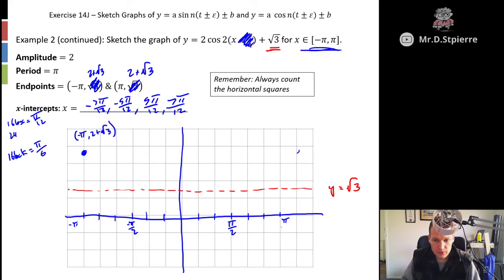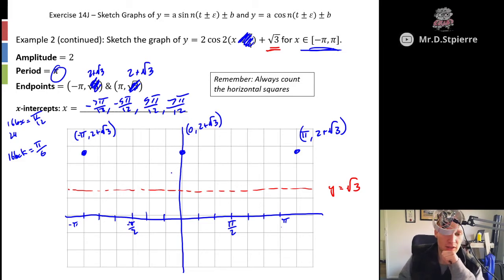The next endpoint is pi on 2 plus root 3. Now, a cycle is pi, so going from negative pi to 0 is going to be one cycle. We know that straight away. It needs to be 0, 2 plus root 3, because through one cycle we'll end up back at the same point.